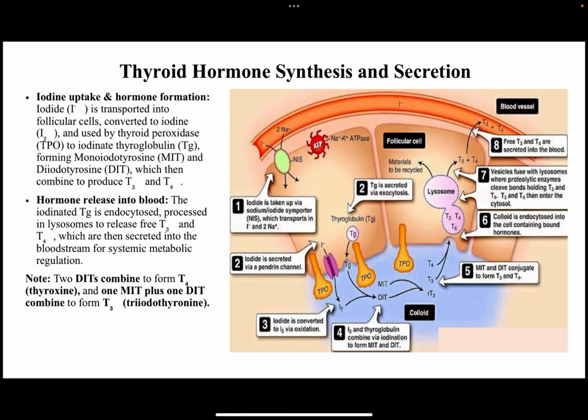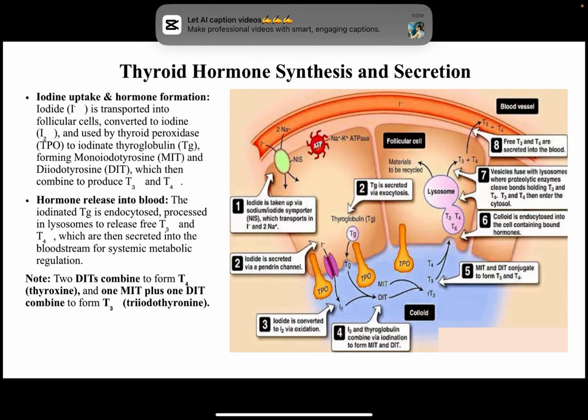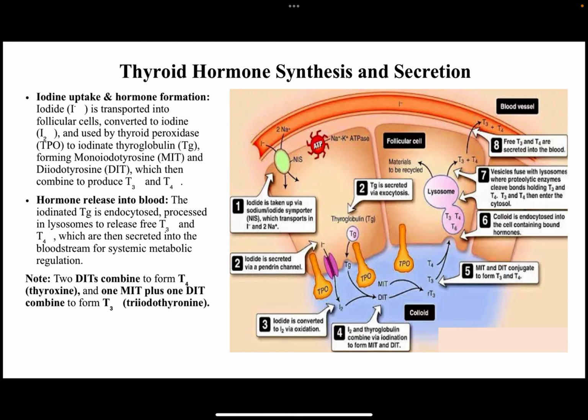So the iodine now attaches itself to the thyroglobulin. Once it attaches itself, they form monoiodotyrosine, which is the MIT, and then diiodotyrosine, which is the DIT.